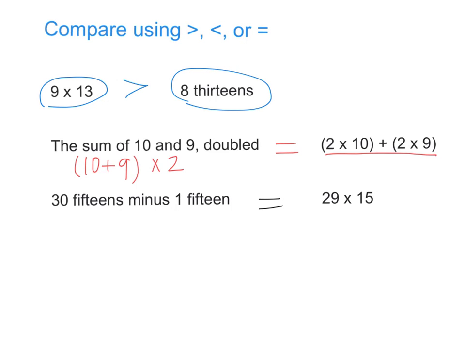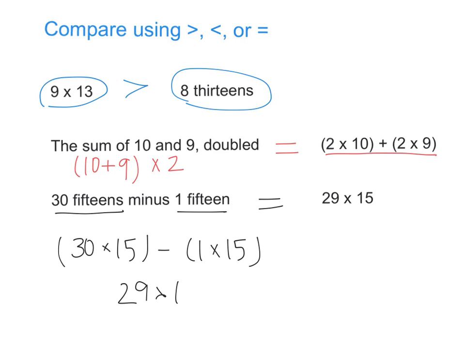Because 30 15s minus 1 15 is 29 15s. So you have to do 29 times 15, which is exactly what the other problem says. You got it. If I have 30 15s and I take away one, what I have left is 29 15s, which is the same thing as what this side says.